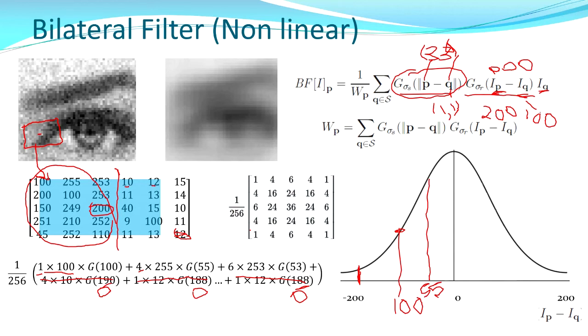So now that we have gone through the working, I'll show you some very nice results. Here you can see this was our noisy output. This noisy image has been converted to a quite good image by the bilateral filter.